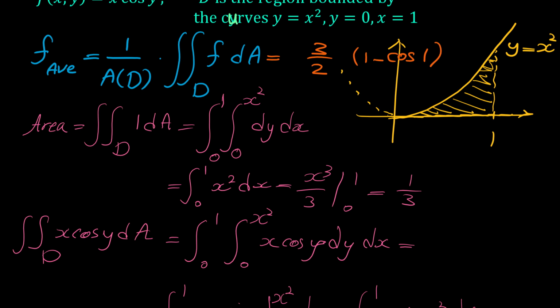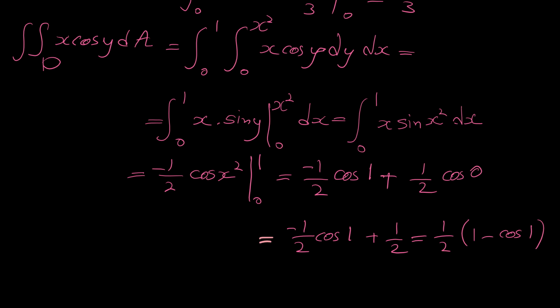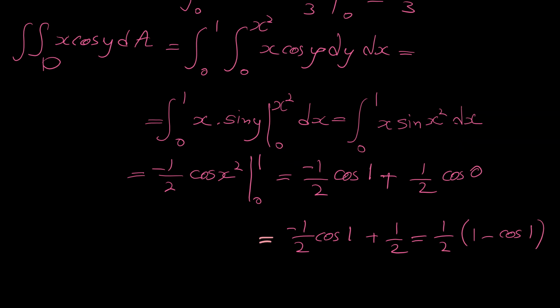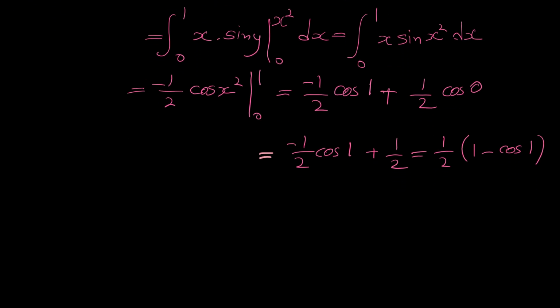But before I finish this video, let me show you why the answer of integral of x sine of x to the 2 is negative 1/2 cosine of x to the 2. For finding integral of x sine of x to the 2 dx, we can use a simple u substitution.